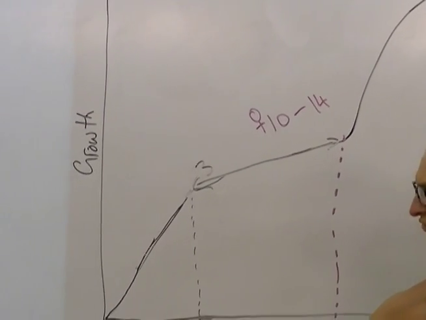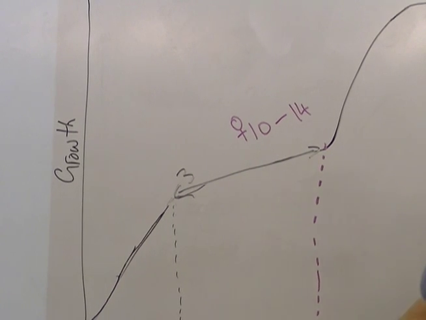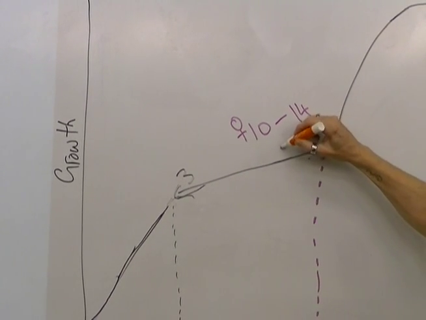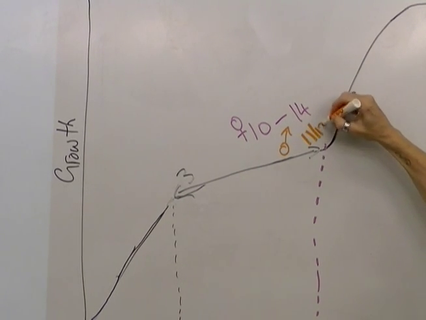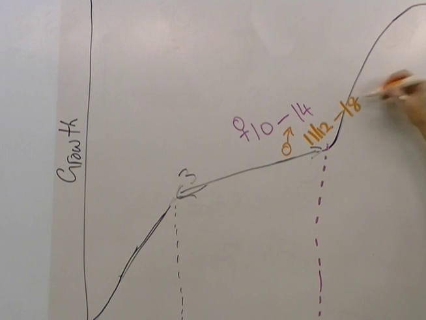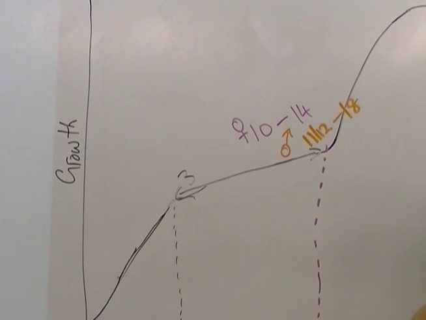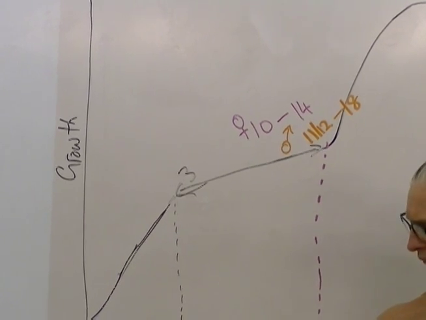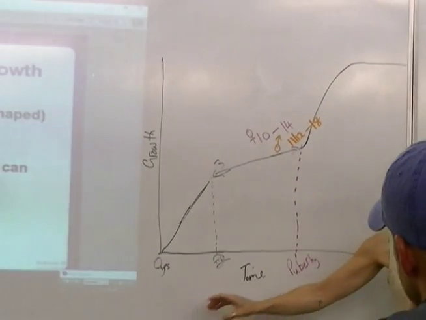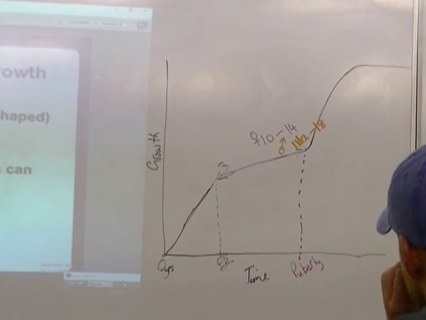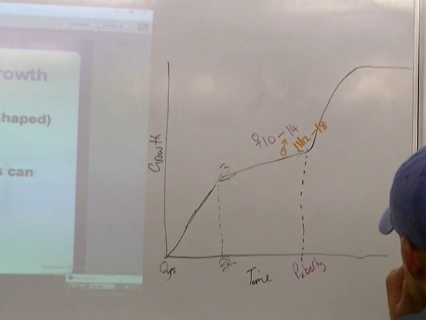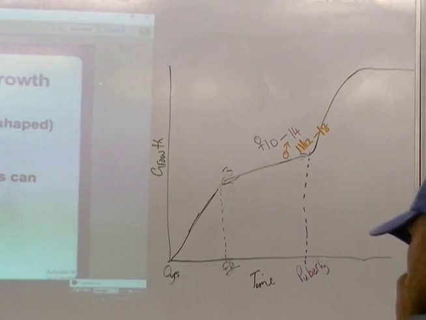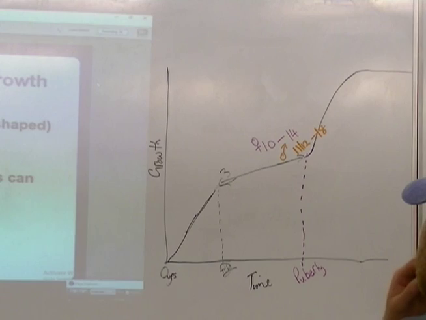For boys, it's going to be 11 or 12 to around 18, 19. All right, so this type of curve is called a distance curve.